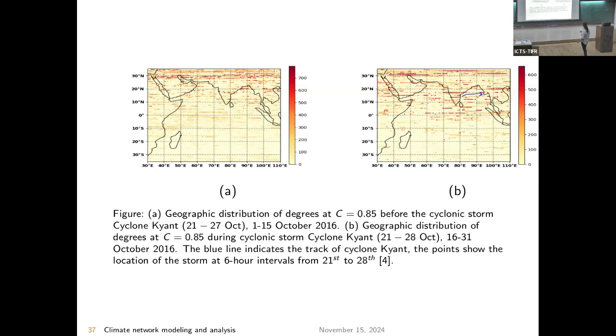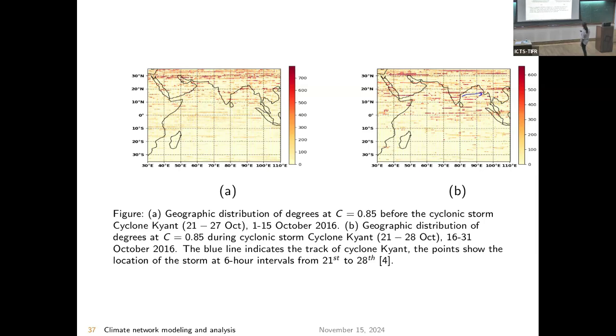This is for the Kant cyclone. This is the network for 1st to 15 October 2016, and this is the network for 16th to 31st of October. Kant was observed completely in this network because it started on 21st to 28th of October.